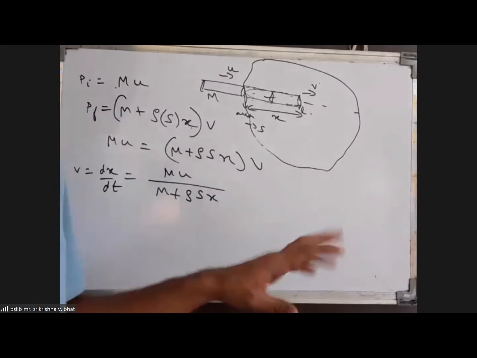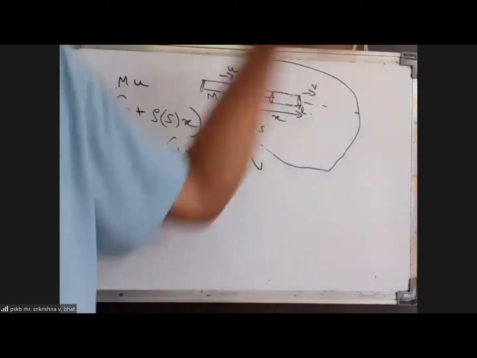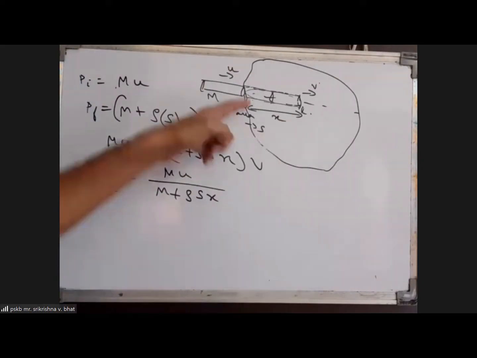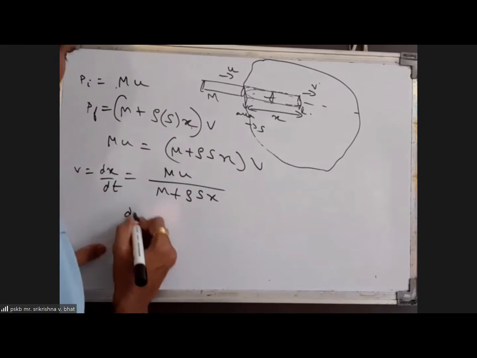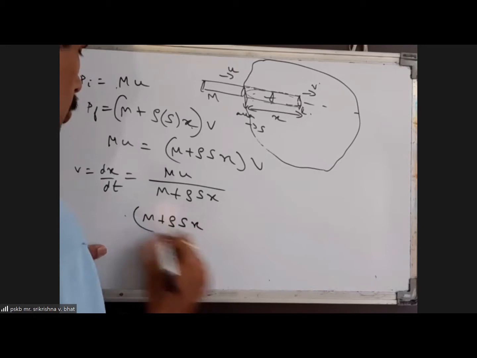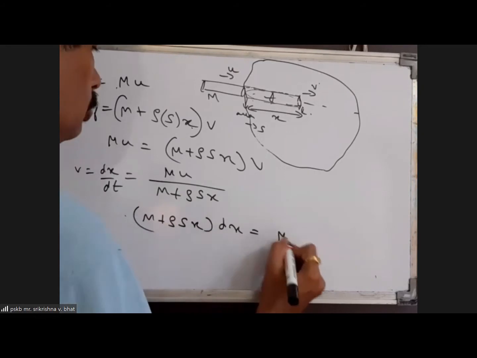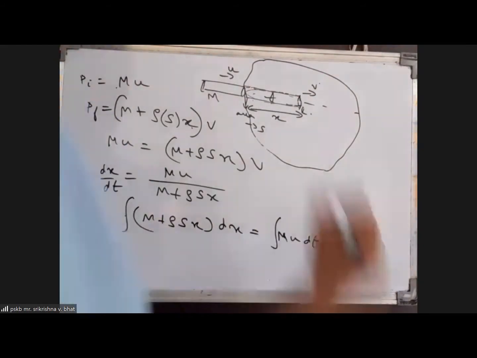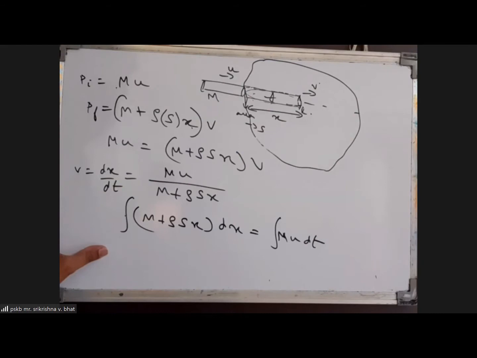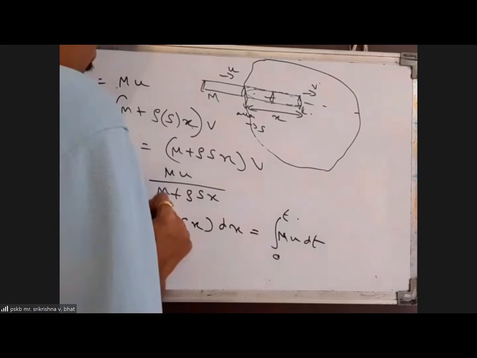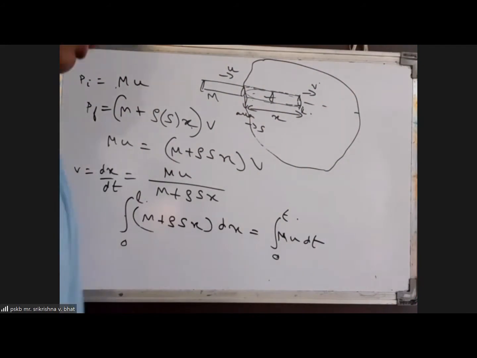We want to know after how much time it will be able to cross the cloud, that is, the time when x becomes equal to L. So (M plus rho S x) into dx should be equal to M u into dt, and integration of this we can do from 0 to t on one side and from 0 to L on the other, because we want to find the time when the spaceship is able to cross the cloud.